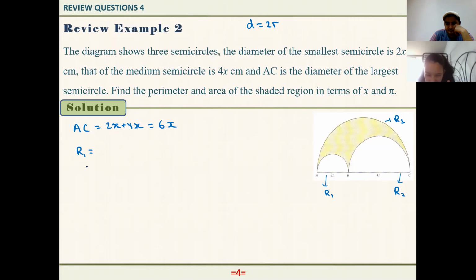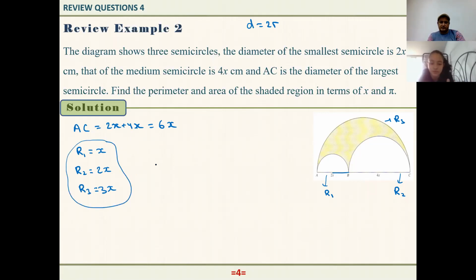The diameter is 2x, so the radius is just x. How about R2? That is 2x. And R3? R3 is 3x. Very good. Now we know the radii of these semicircles in terms of x.